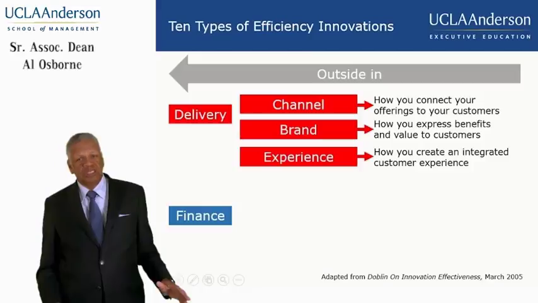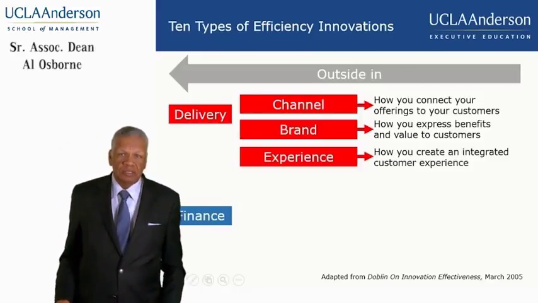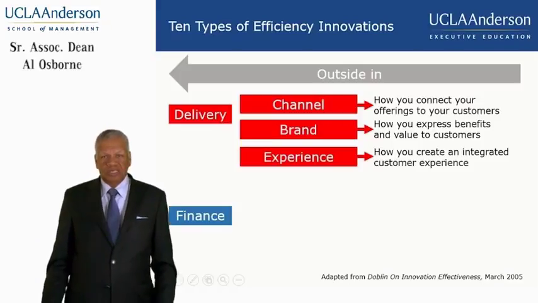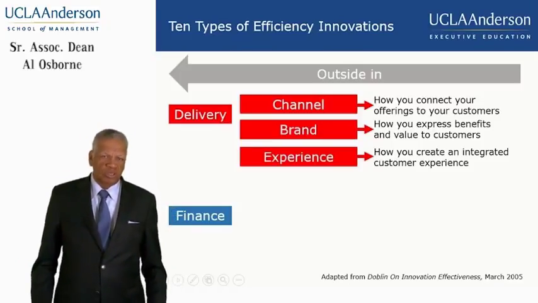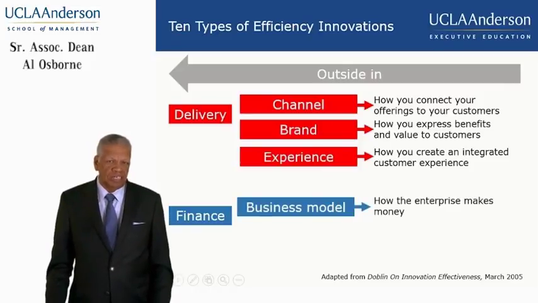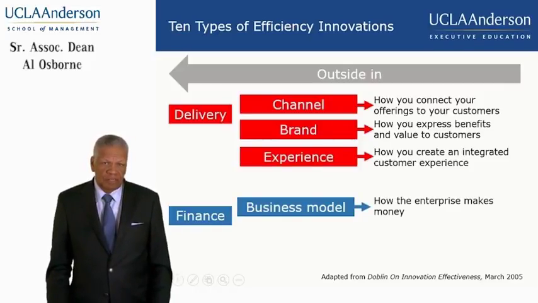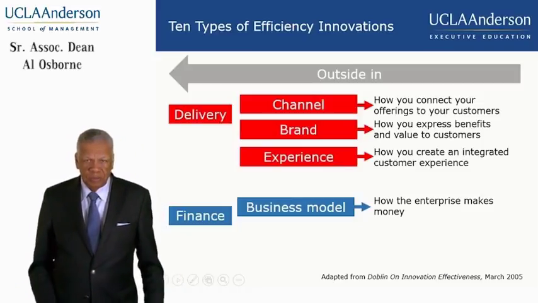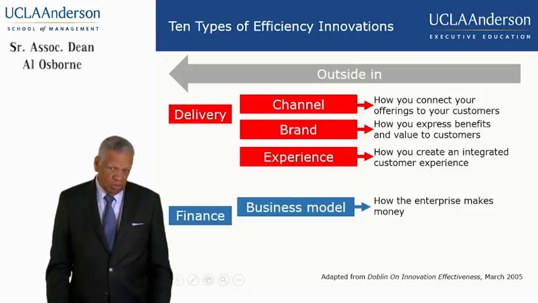Perhaps experience in the delivery, in terms of how you create an entire integrated experience for the customer as they enjoy your product or service. And finally, from the outside in, I want to talk about the model itself. How are you going to make money with the business model that you might adopt?